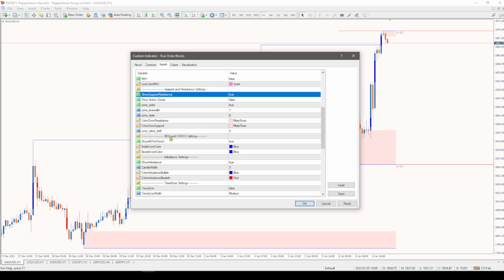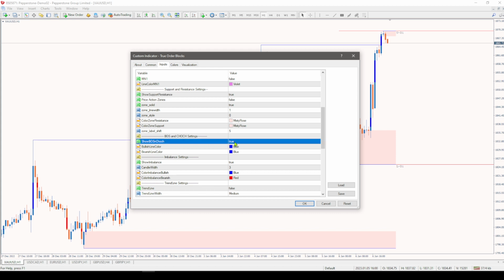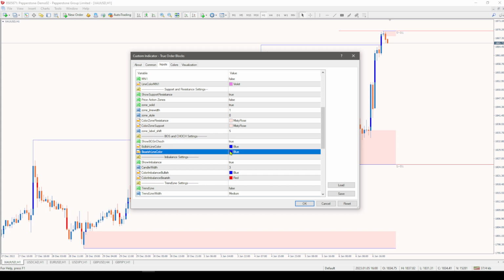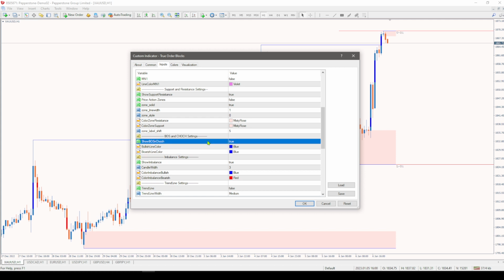Then the next input is BOS and change of character settings, and it's true, and the bullish line color and bearish line color is blue. You can change the color as you want. So basically, break of structure and change of character.